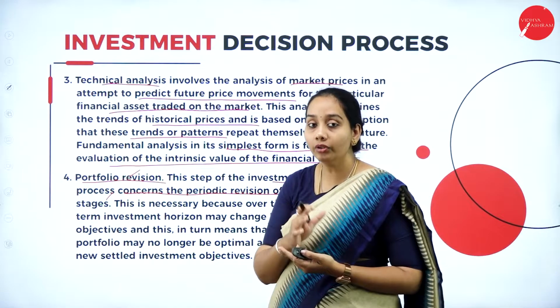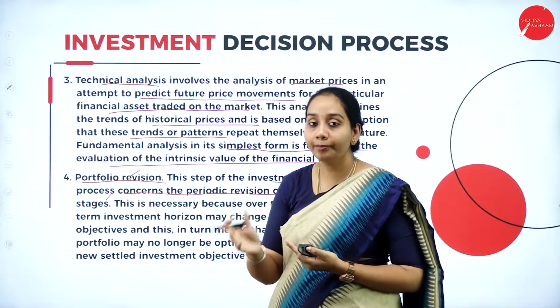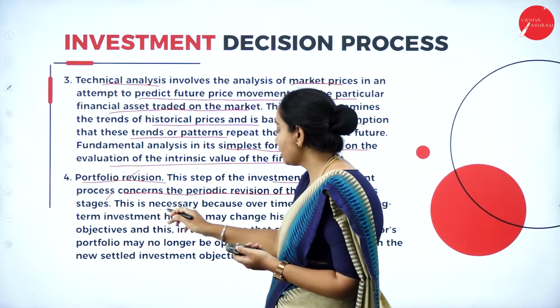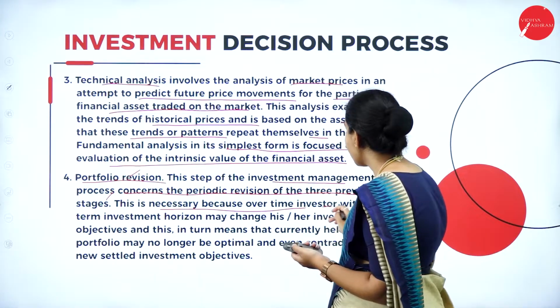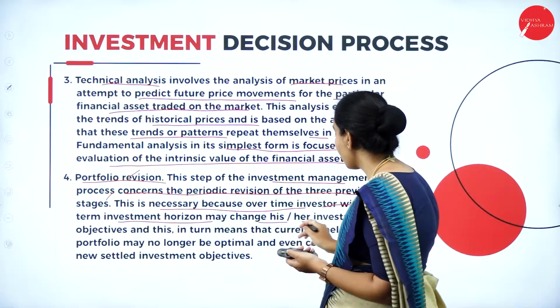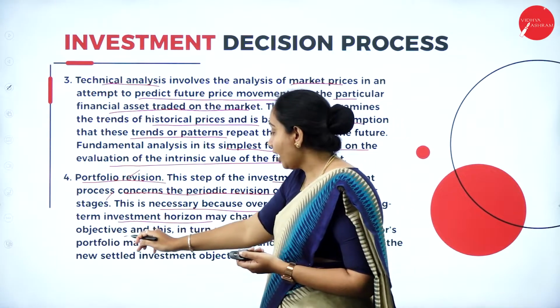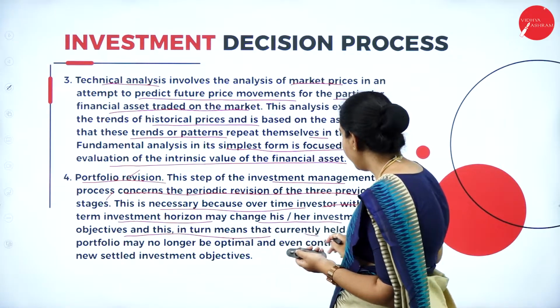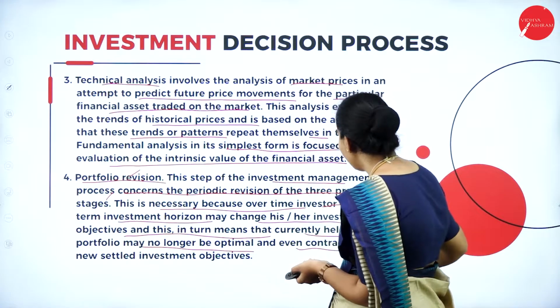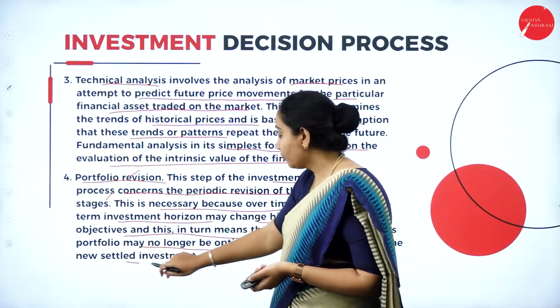Like this, you are going to analyze different portfolio options that you have in SBI. This is necessary because over time, investors with a long-term investment horizon may change their investment objectives, and this in turn means that the currently held portfolio may no longer be optimal and may even contradict the new investment objective.